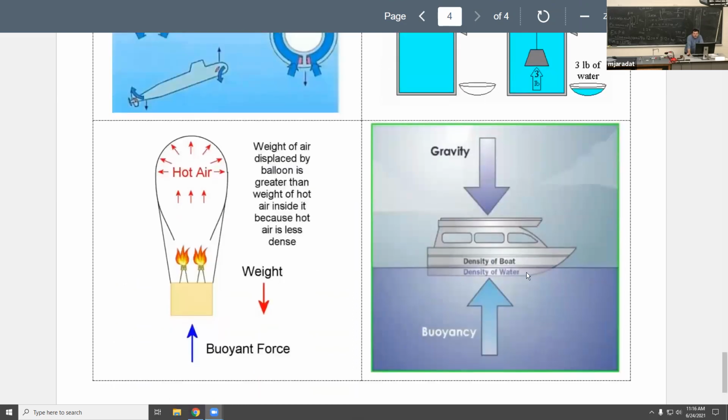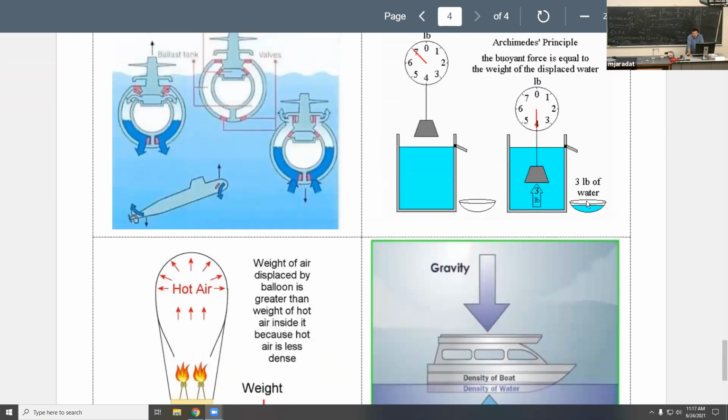The Archimedes principle has many applications. For example, we can use it in boats. We have the gravity, which is the weight downward, and the buoyancy, which is upward. This mass removes a mass of water equal to itself, and this water is affected by the buoyancy force upward. That happens because of the difference of pressure between the top and the bottom of this mass.